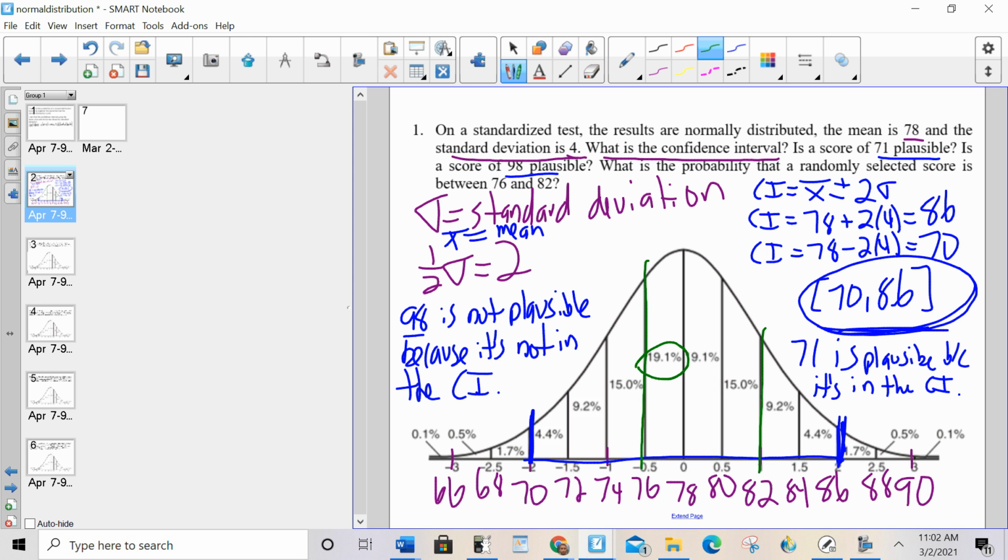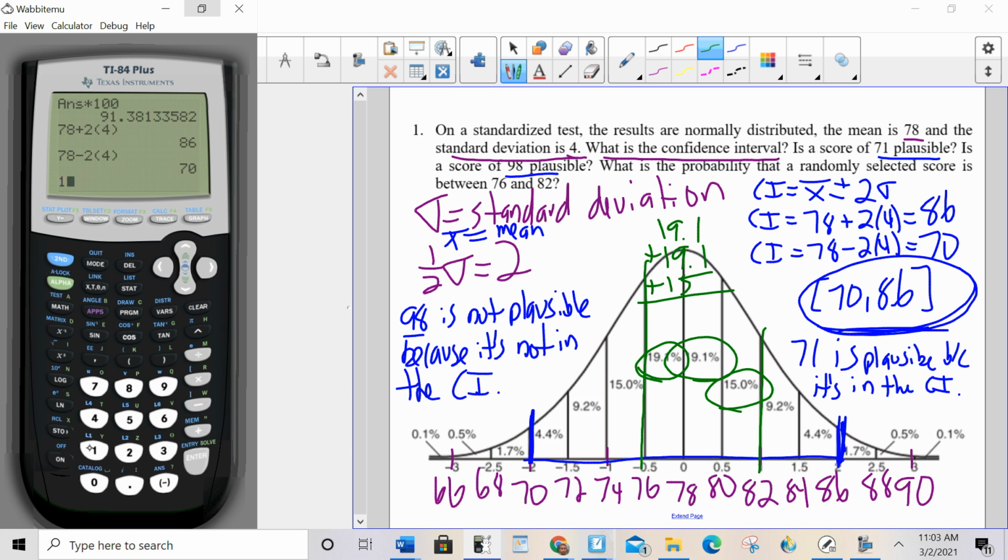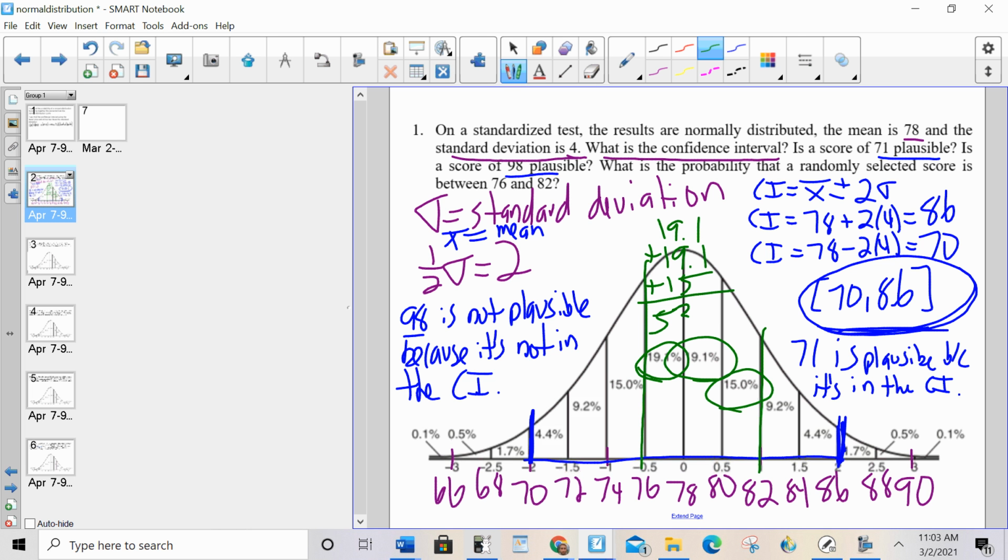So I have this bar, and this bar. So it's going to be 19.1 plus 19.1 plus 15, which is 53.2. And that's your answer, 53.2%.